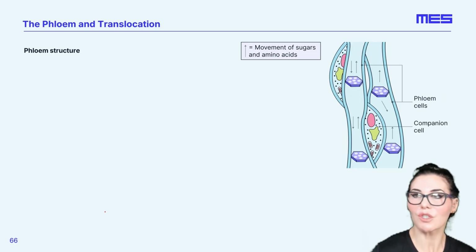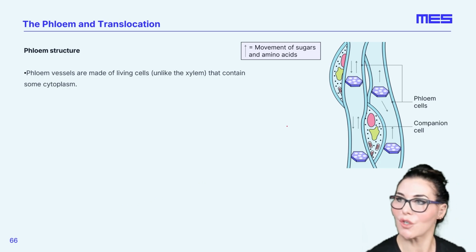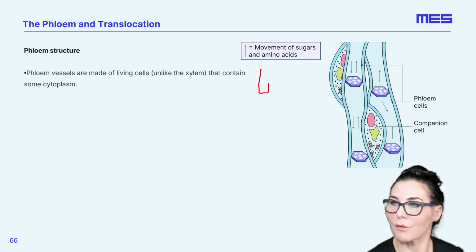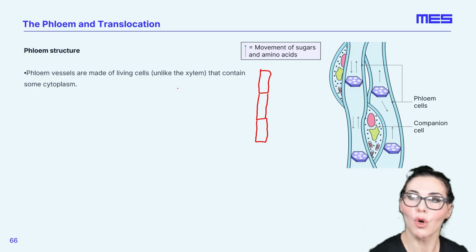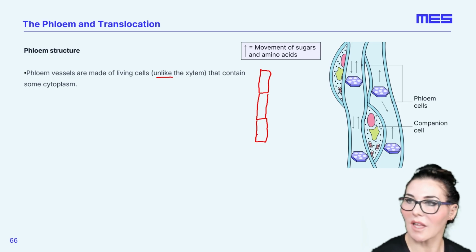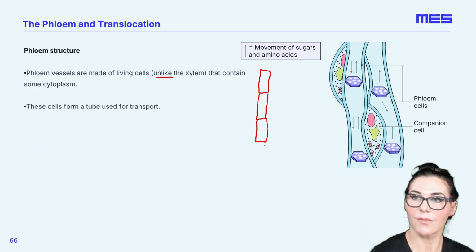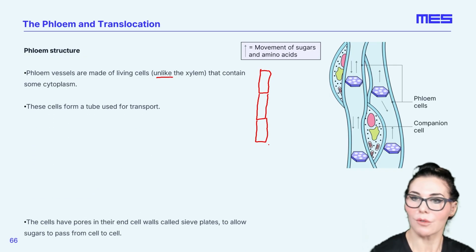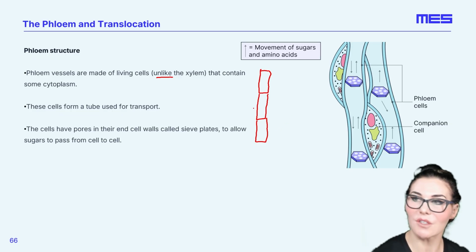A bit about its structure then. Just like the xylem, the phloem starts as tubes that form from cells that grow in a longitudinal fashion. They grow on top of one another in a longitudinal way. But unlike the xylem, it's not dead tissue because the tubes still have in them cellular components and cytoplasm, and there's a reason for that. When the cells form the tube, the end cell walls don't completely disintegrate like they do in the xylem.